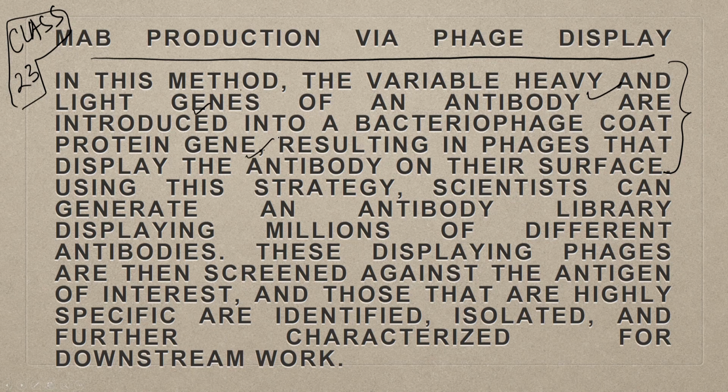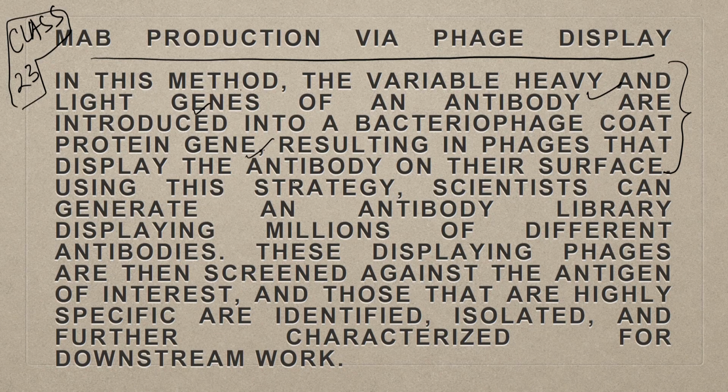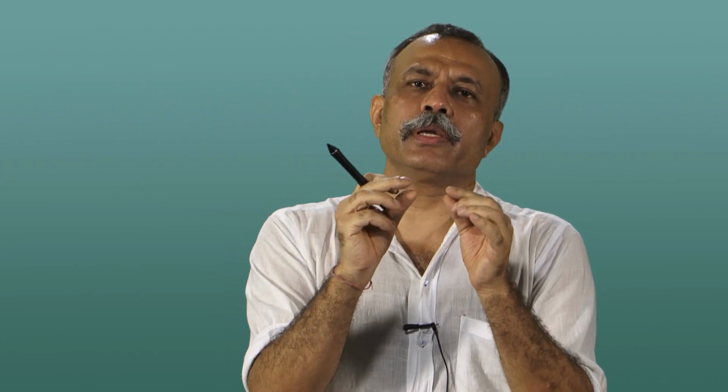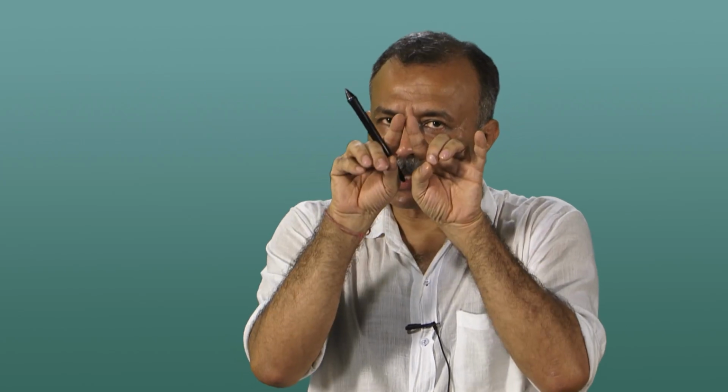So, you are cutting that part of the DNA and introducing it into the bacteriophage protein gene, resulting in a phage that displays the antibody on the surface using this strategy. Automatically this bacteriophage is going to express it. So, you will be seeing the signature of the antibody on the surface of the bacteriophage.